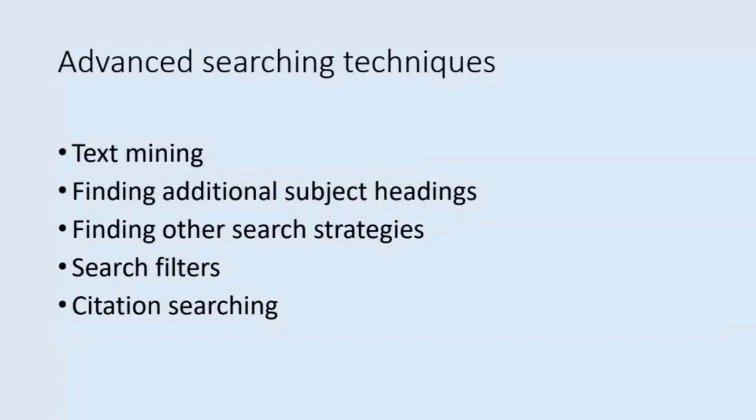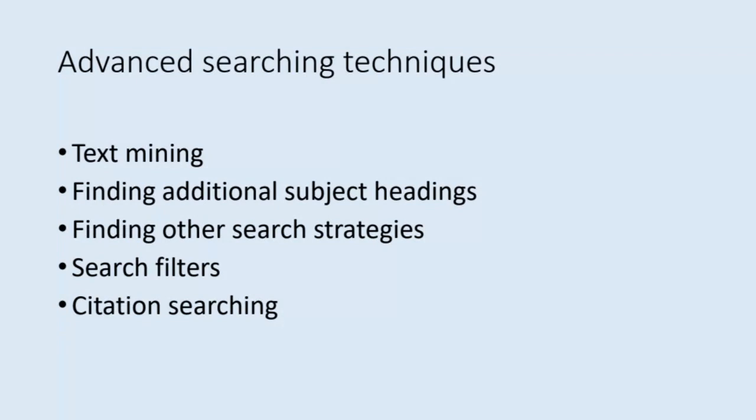Then we'll talk briefly about finding other people's search strategies, because this can be one of the most useful things that you can do to really develop a comprehensive search, especially if they're expert searches that have been developed by experts. We'll talk briefly about search filters, and then the last one, citation searching, is a really useful technique to make sure that your search is really comprehensive.